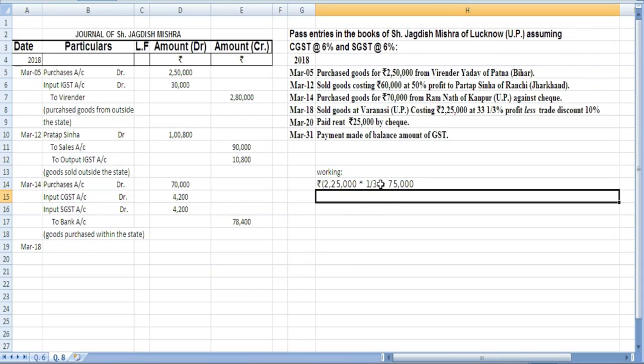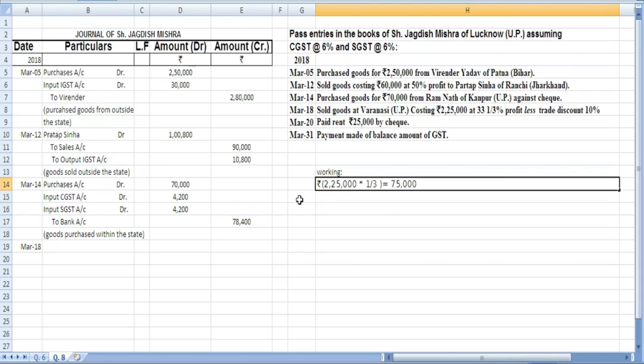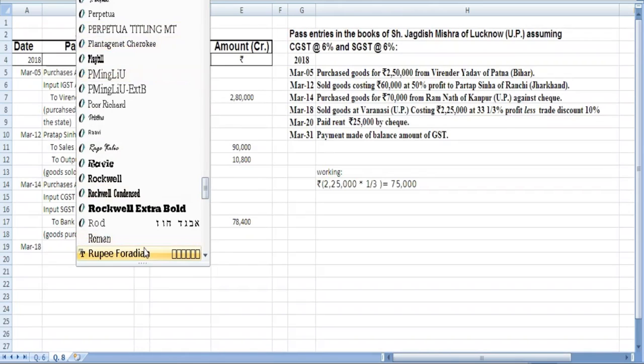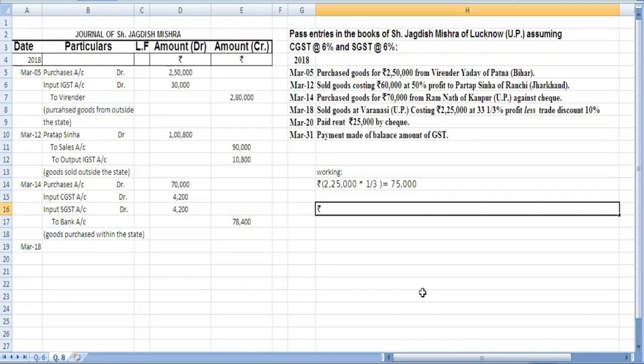So 2,25,000 plus 75,000 is coming as 3 lakh.